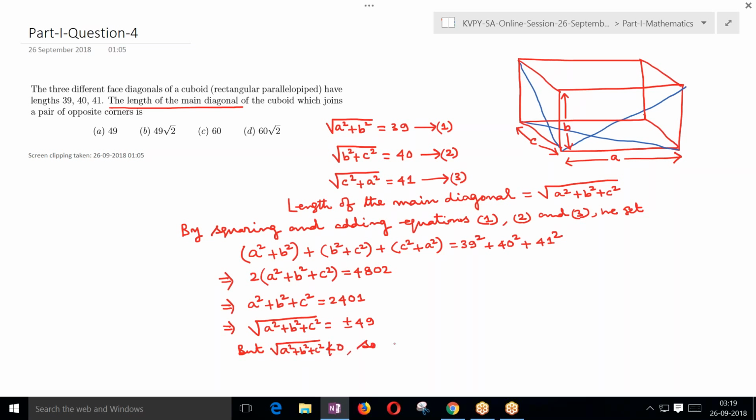So the acceptable value of square root of a square plus b square plus c square is 49, and we get the correct option as A. I hope things are clear, and we can proceed to the next question.